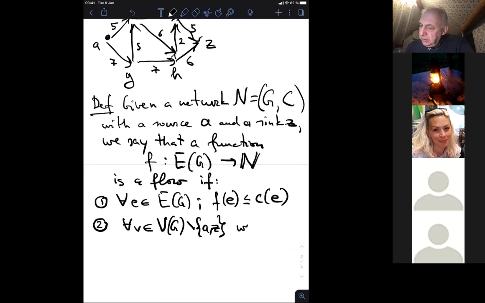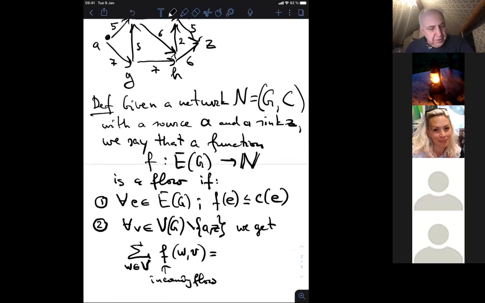So we get the following equality: for all vertices W in V, the flow from W to V, so this is the incoming flow, should be equal to the flow which leaves, the flow from V. Maybe I will use U here not to confuse you.